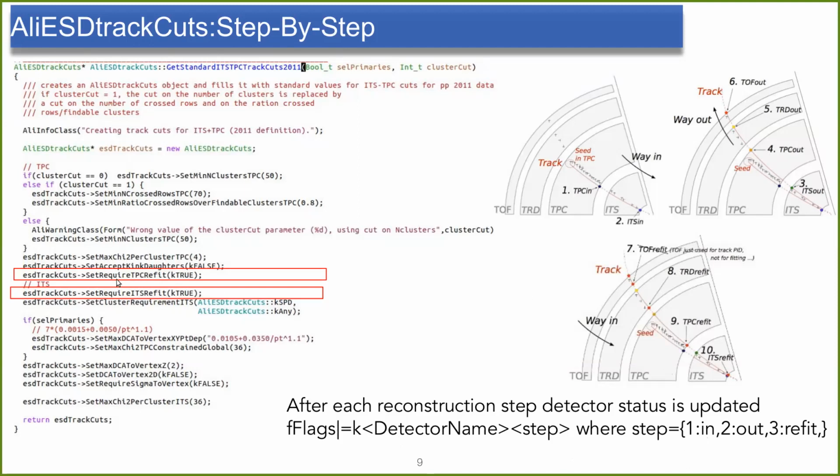So this set required TPC refit kTrue means your track reconstruction is successful for the TPC detector when you do the refitting in the last stage of the tracking, and similarly also for the ITS.